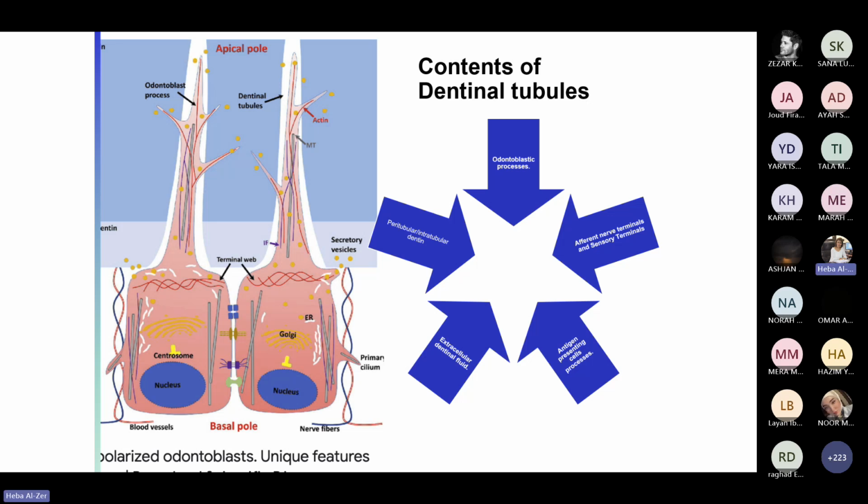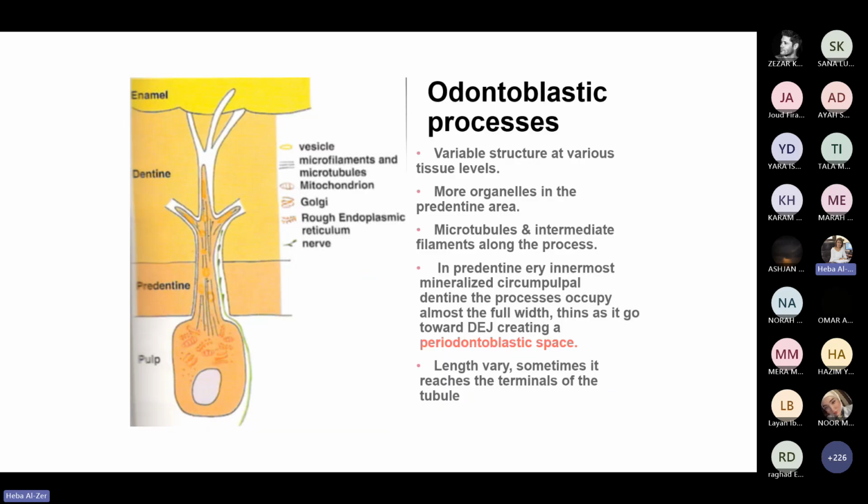We have afferent nerve terminals and sensory terminals going inside the tubules. We have antigen-presenting cell processes, and extradentinal fluid, or extracellular dentinal fluid. Let's take a look at each of these components.